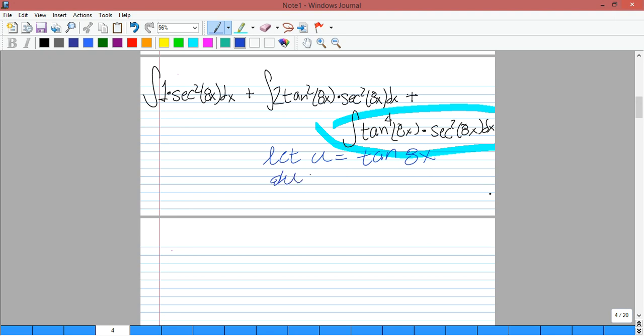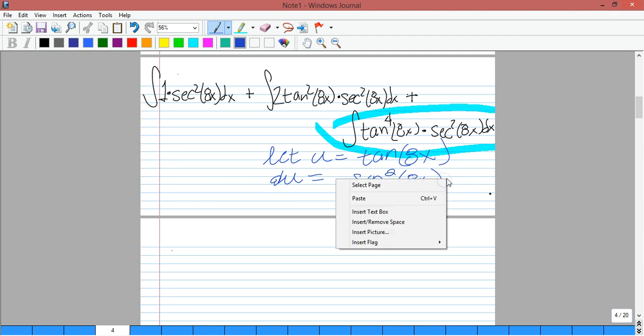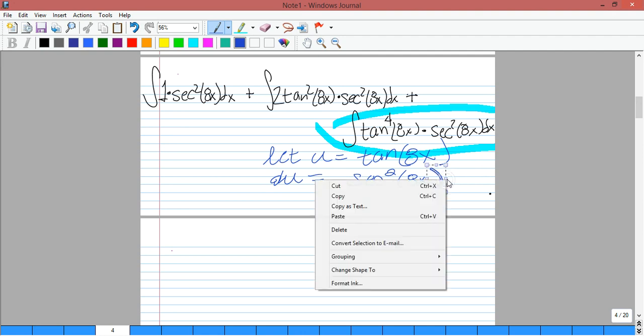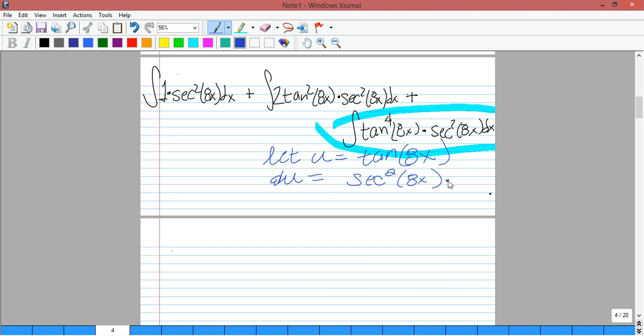And we're going to let our du equal the derivative of the outside, because there it goes again. The derivative of the outside is secant squared (8x), and then we just rewrite the inside. And then we're going to take the derivative of the inside, which is just 8.